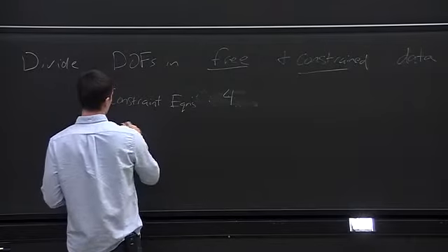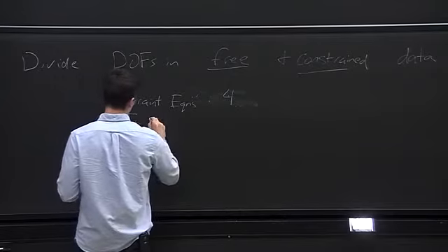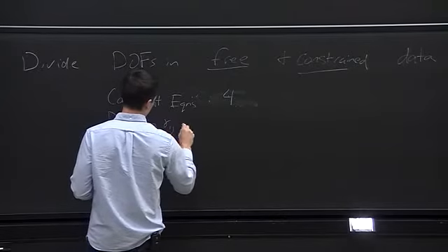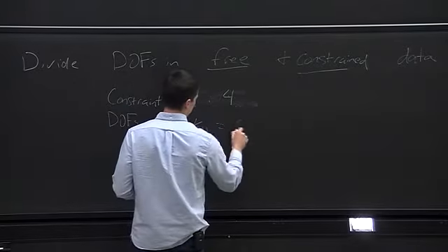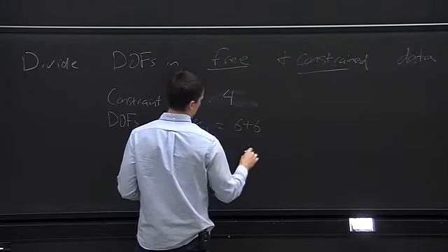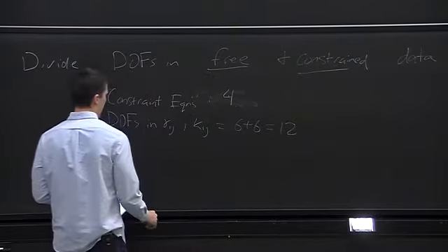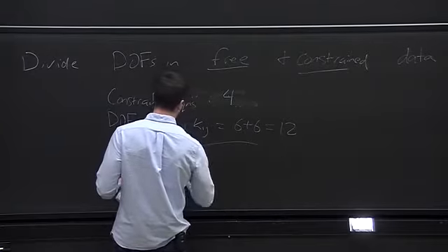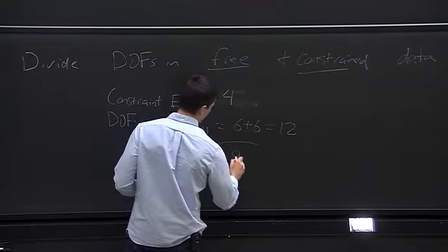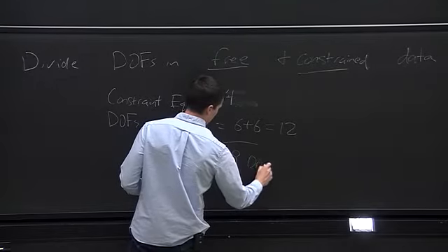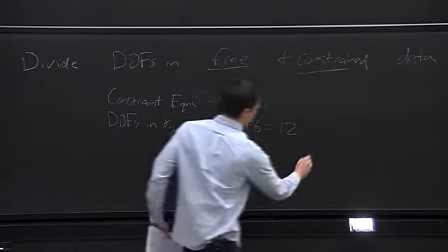And the total number of degrees of freedom we have, the 3-metric and the extrinsic curvature, it's just 6 in each because they're symmetric 3x3 matrices, so we have 12 total. And that means that we need to specify 8 degrees of freedom, right? And plus the matter.